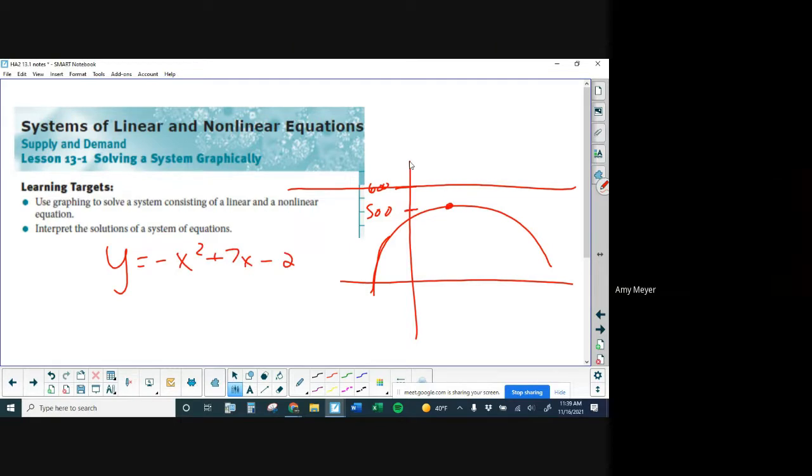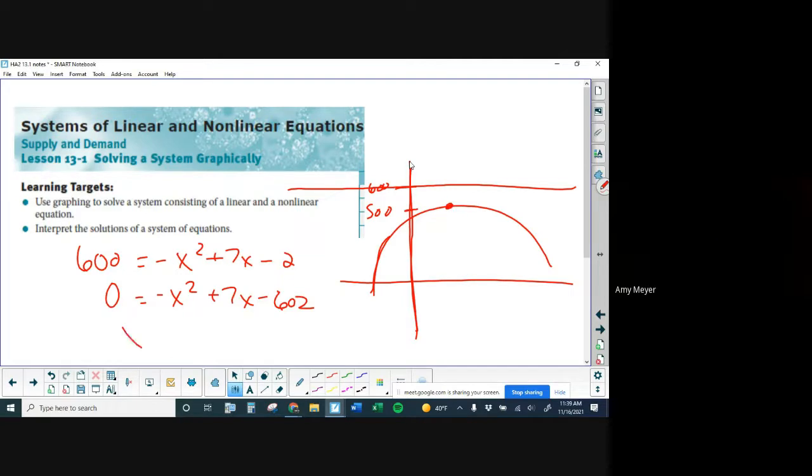How do I figure out algebraically if that thing is going to hit 600? Right, I want my output, my height, my y value to be 600. So I do this. Then I'm going to move that 600 over. And I'm going to solve probably by the quadratic formula.